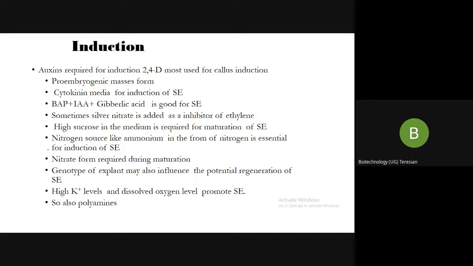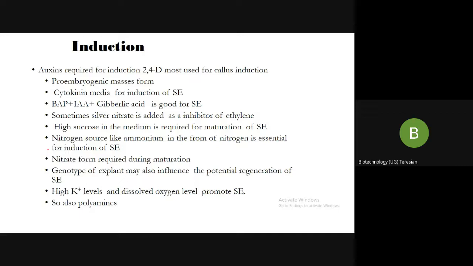After that, you have induced your somatic embryo, it has to undergo maturation. When it has to undergo maturation, here you are going to provide a different regulator, which is known as cytokinin, and also you can provide high sucrose, and abscisic acid is also provided. What is abscisic acid?